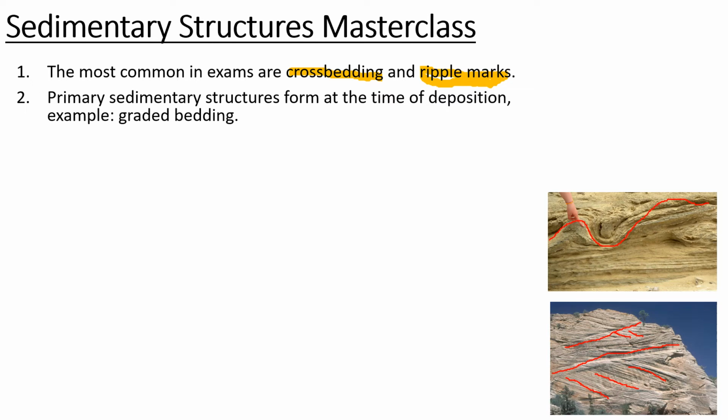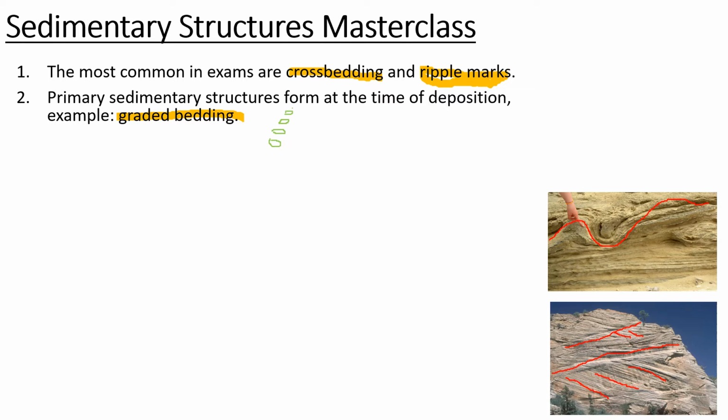Primary sedimentary structures form at the time of deposition. So of all of them, graded bedding would be a classic example. For this particular one, you've got large pebbles at, let's say, the base, and then they progressively get smaller as we go upwards in the sequence.